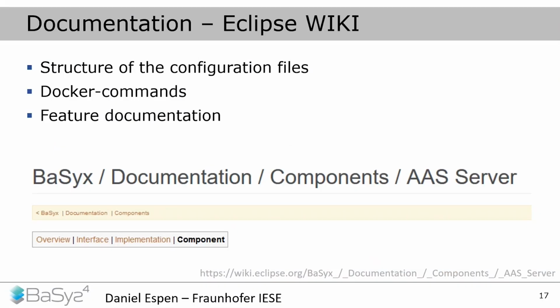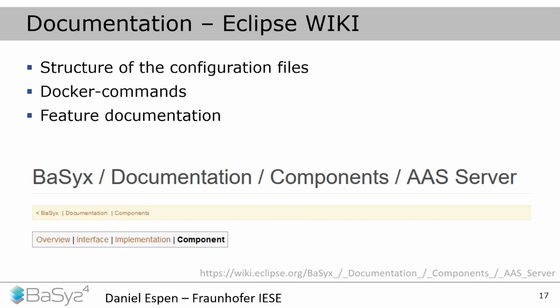So all the information here about the components you can also find in the Eclipse wiki. Since BaSyx is an Eclipse project, a lot of the repository and implementation is supported by the Eclipse Foundation.